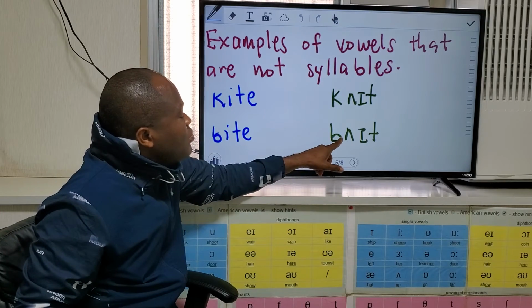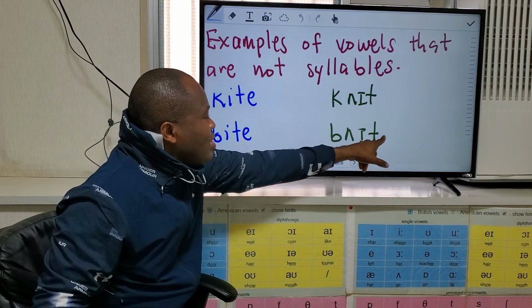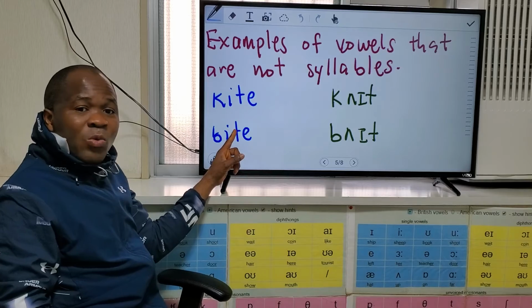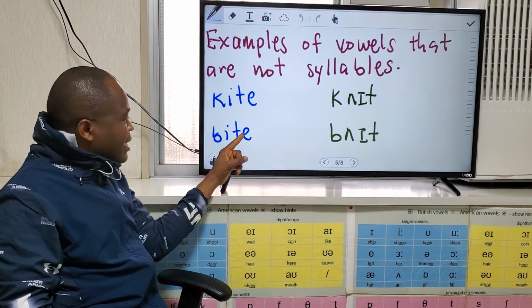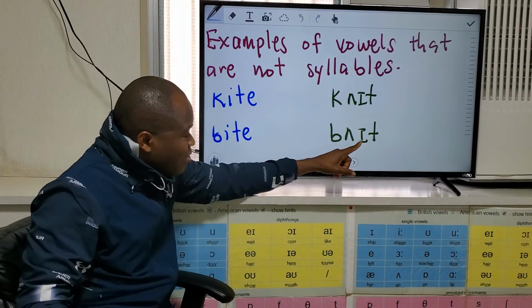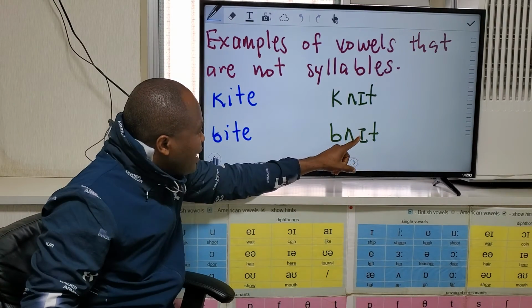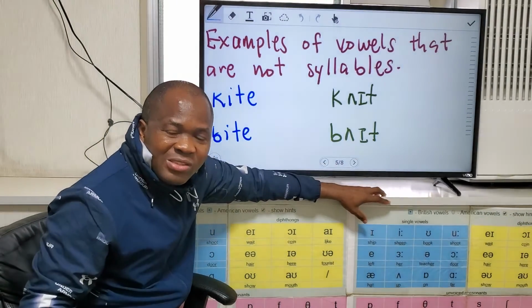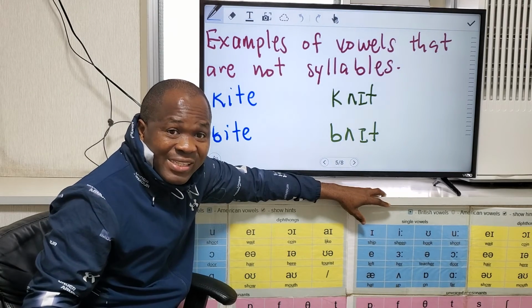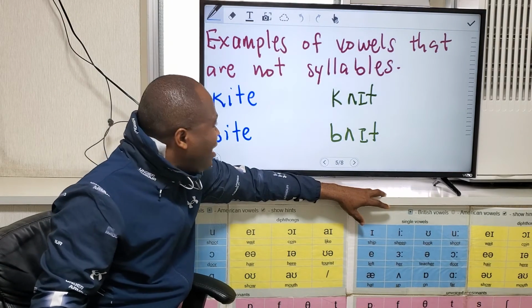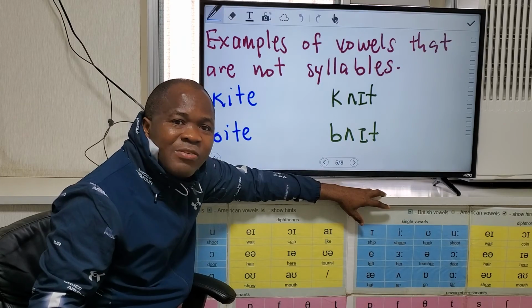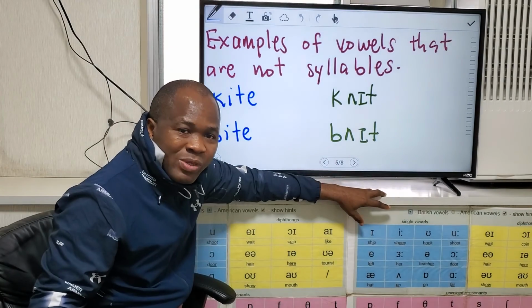You realize that the E is not written in the sound, but in the spelling of the word, which is called the grapheme. The E is written in the grapheme, but in the spelling of the sound, which we call phonemes, the E is not written because it's not a syllable. It's a silent letter. And only active vowels are considered to be syllables.